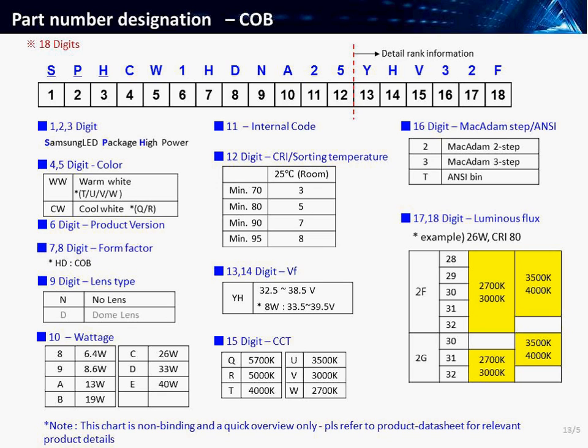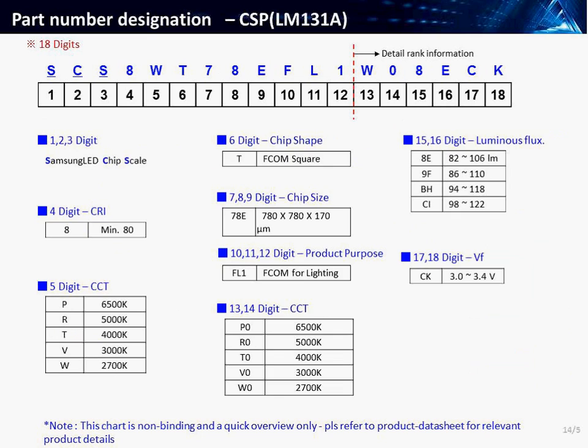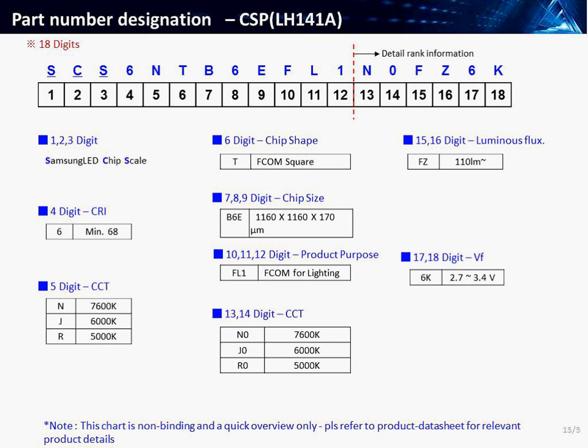You see that some of it's changed because the product is somewhat different, so we have to describe it slightly differently. Then chip scale. The actual chip scale, you can see it's a Samsung chip scale, DH, or another chip scale product.